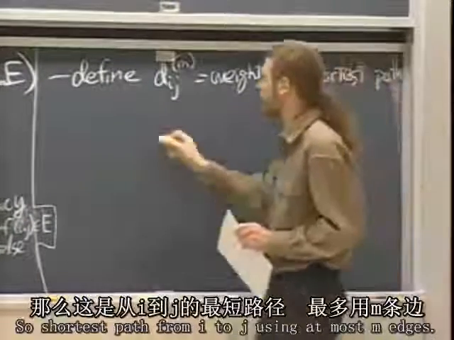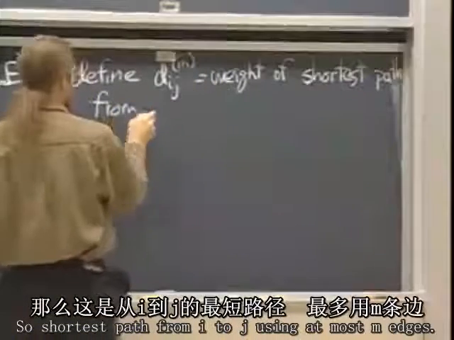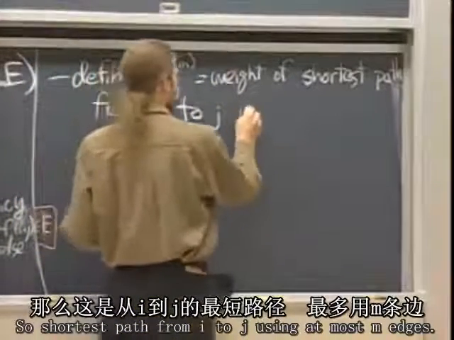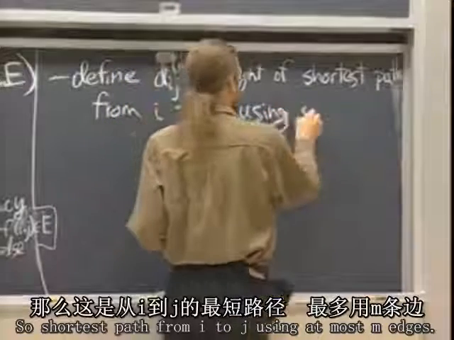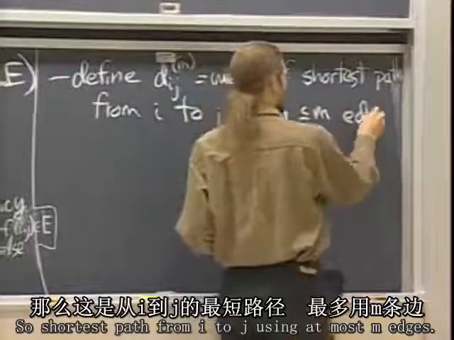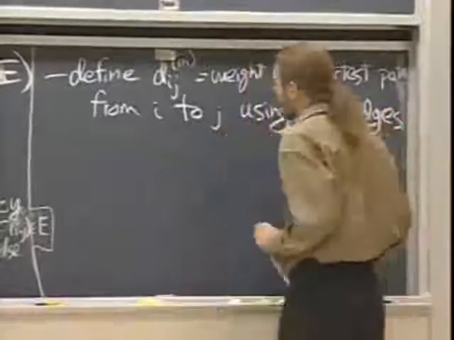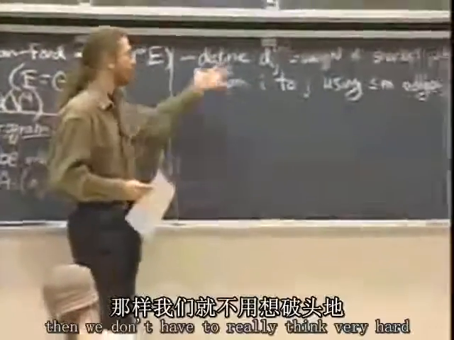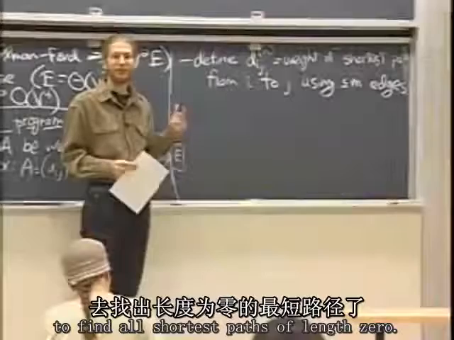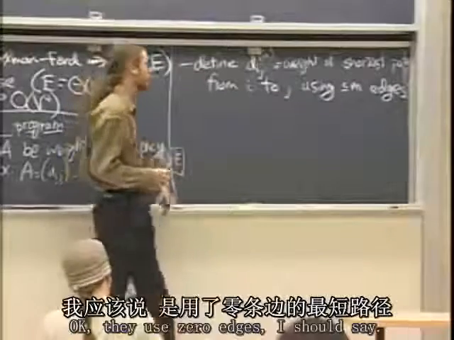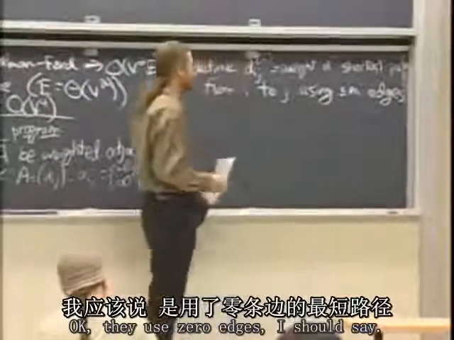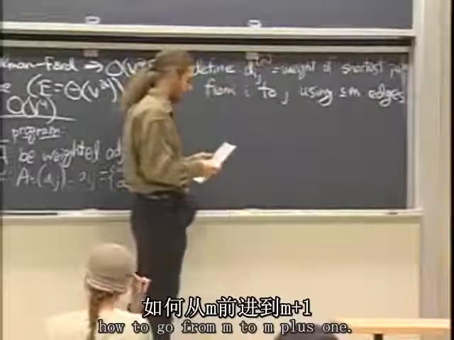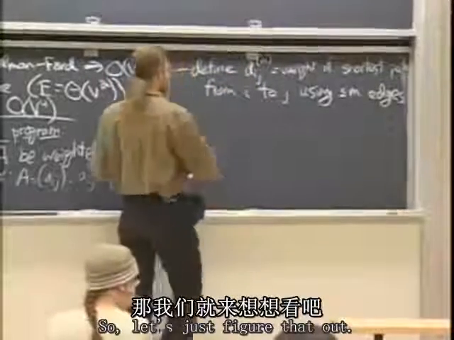So shortest path from i to j, so using at most m edges. Okay, for example, if m is 0, then we don't have to really think very hard to find all shortest paths of length 0. Okay, that use 0 edges, I should say. And so Bellman-Ford sort of tells us how to go from m to m plus 1. So let's just figure that out.